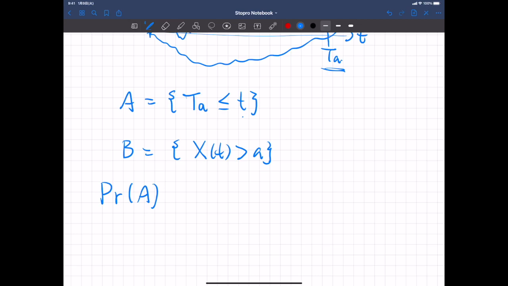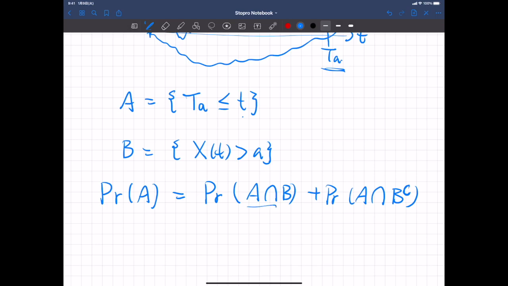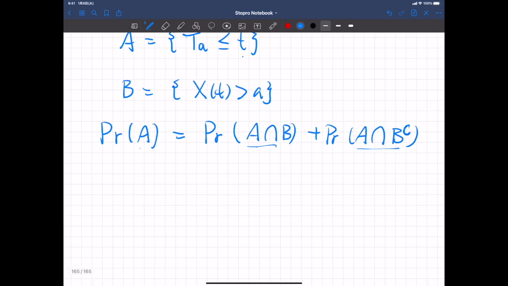And we use the partition theorem, so this can be split into two parts: A and B, or A and not B, the complement of B. Okay, so these two sets are mutually exclusive, and if we take the union of these, it becomes A. So this is how we apply the partition theorem in a different way, as usual.